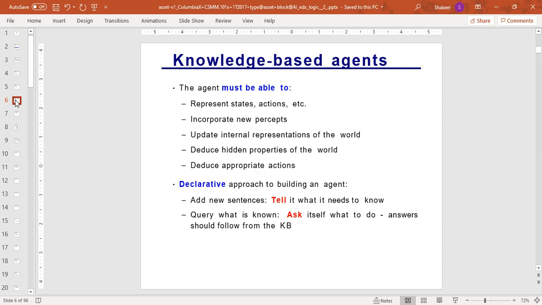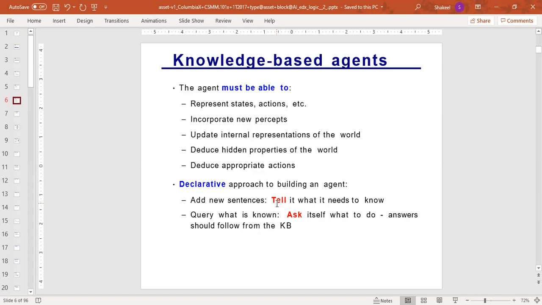Initially we have some domain knowledge, and we could translate that into sentences that we feed into the knowledge base, and then as the agent interacts with the environment, it can build its own sentences and enrich that database.